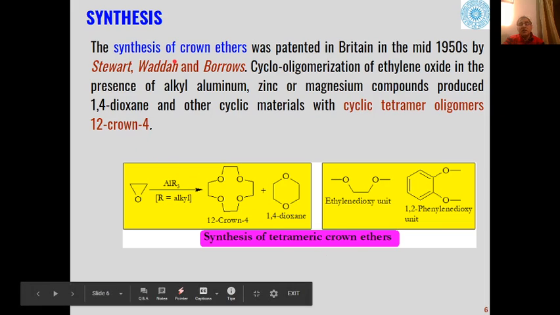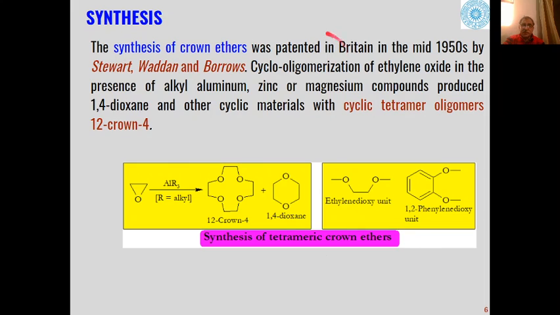Then the synthesis of crown ethers is very important. The first patent was in the mid 50s by Stewart, Waddan and Borrows. They were trying the oligomerization of ethylene oxide in the presence of aluminium alkyls. So this alkyl may be ethyl or propyl.